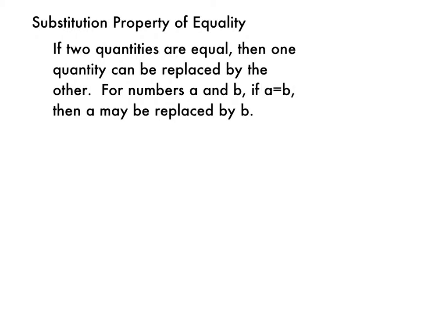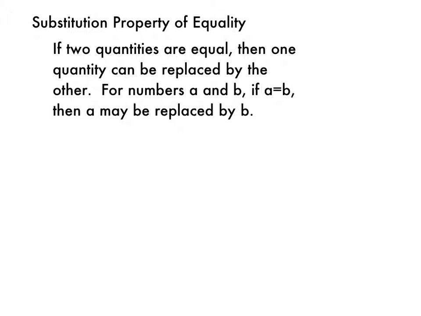When we want to evaluate expressions, we can replace the variable with known values and use the order of operations, GEMDAS, or PEMDAS, or please excuse my dear Aunt Sally. If you need to refamiliarize yourself with that, you should take a look at the video that I did earlier on PEMDAS.